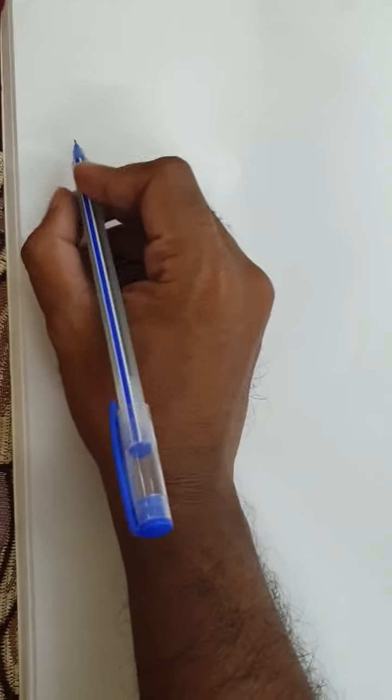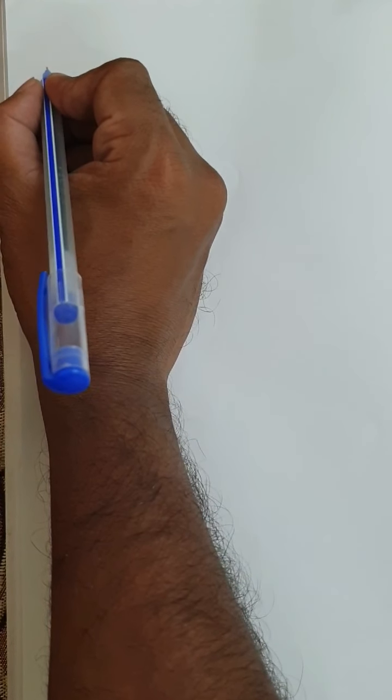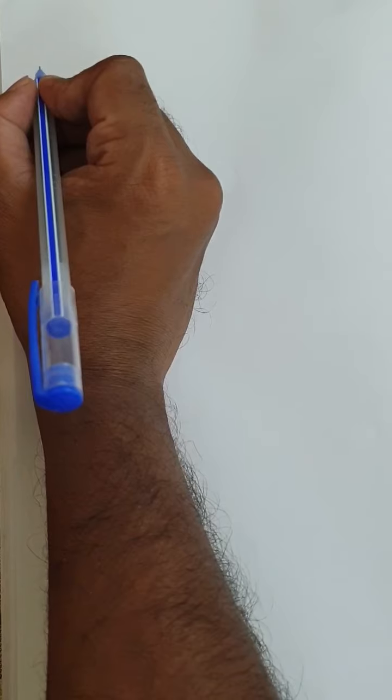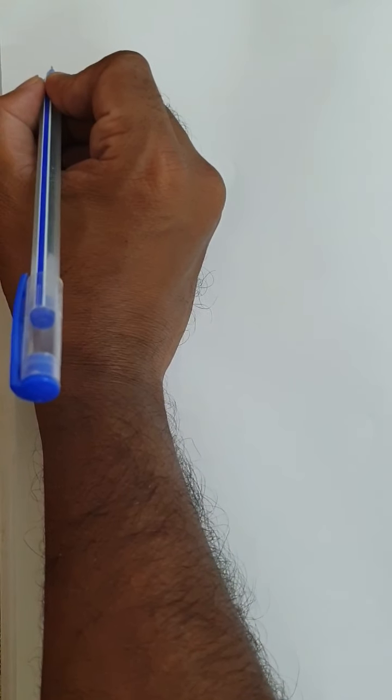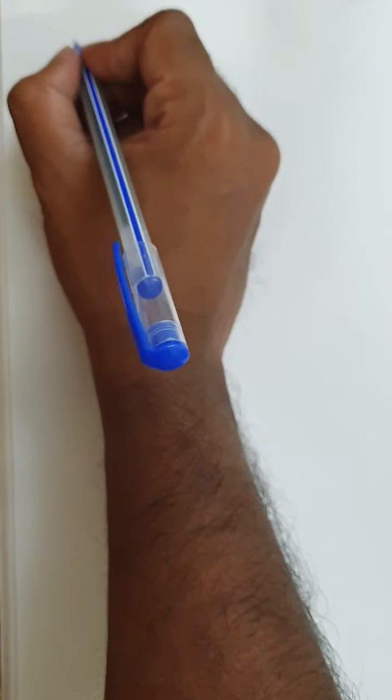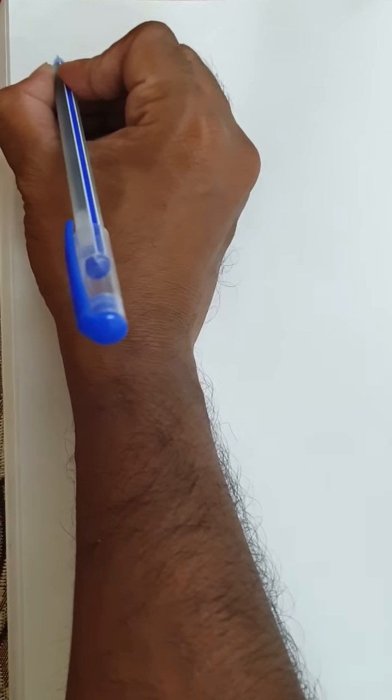Okay, first of all, I'll be telling you point wise under various subheadings. So for that, we'll be making a column, and based on the various subtopics, I'll be explaining in an easy manner. Okay, first of all, here we go.